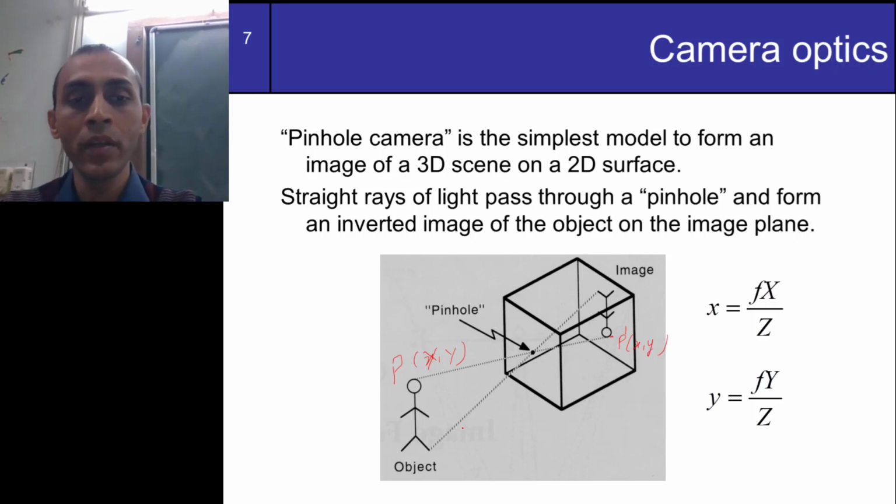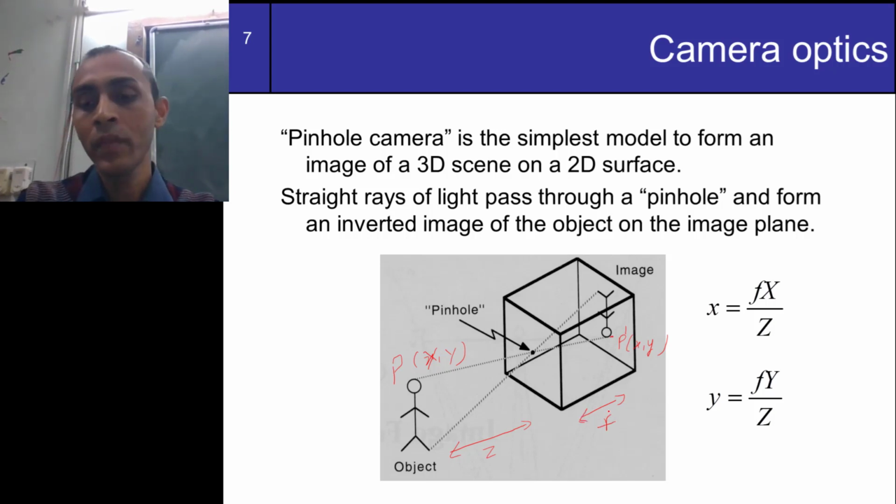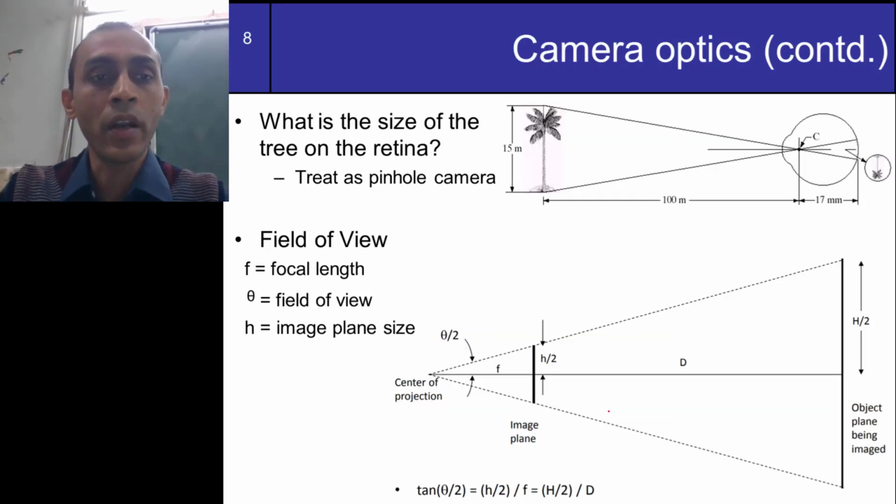If this is Z and this is the focal length, then we can have this simple relationship using similar triangles.